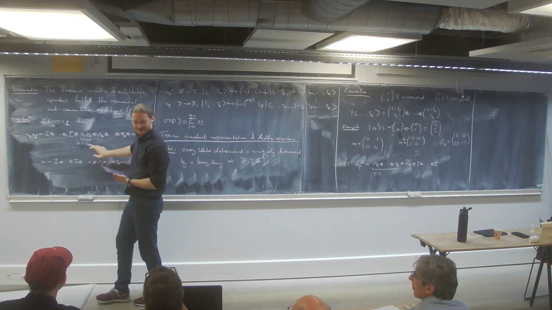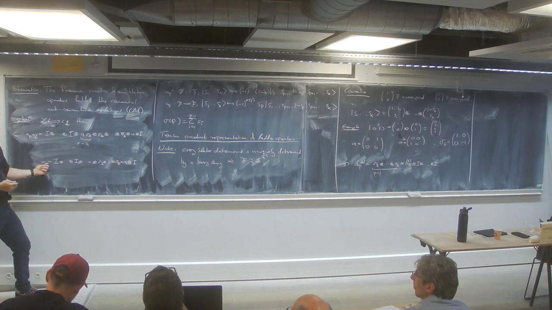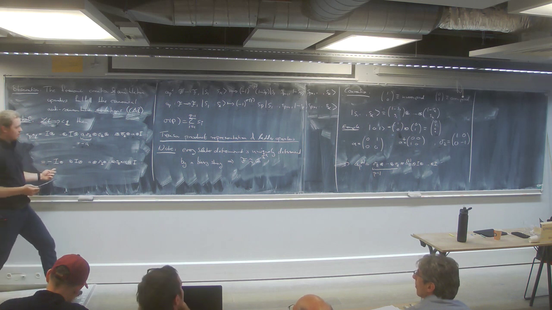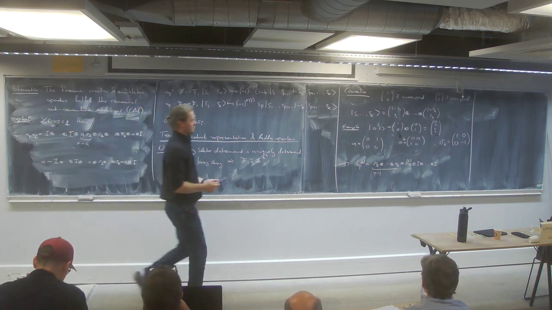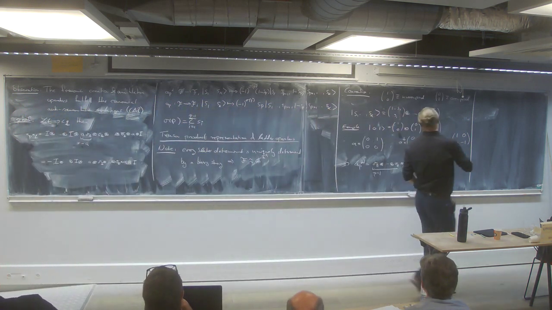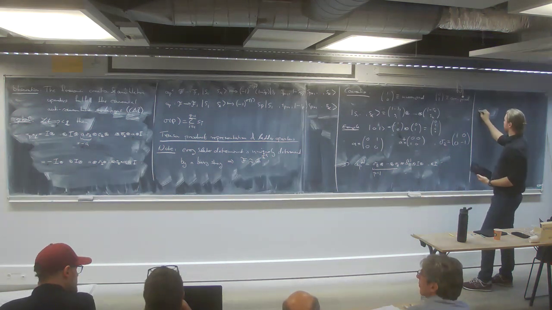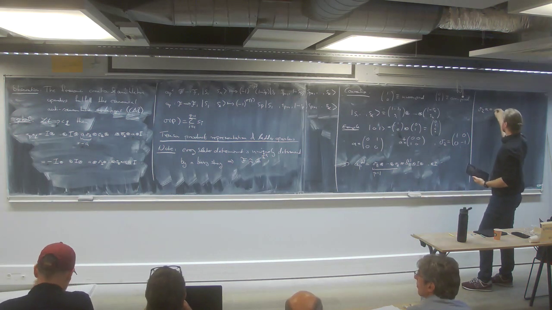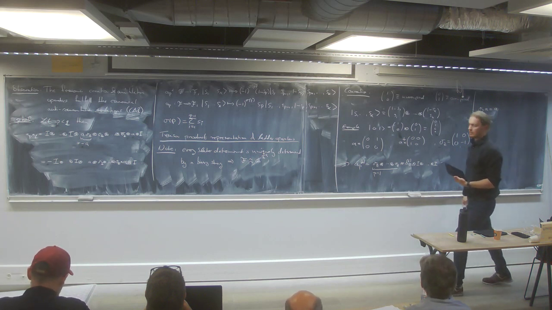Okay, let's see where this is going. So what I want to do is I want to pull out the minus sign. And now I want to sneak in a sigma Z, because if you look at it, you apply sigma Z from the left to A. Then you get A, right?